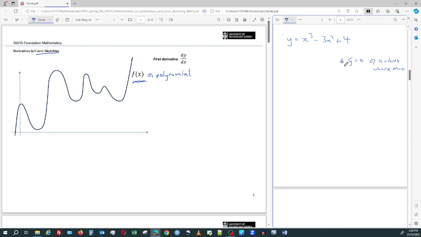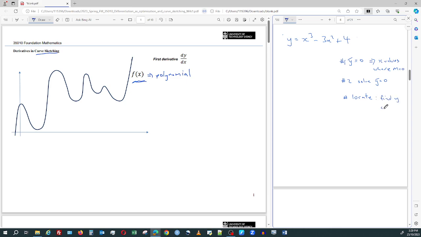Step number two, so we will have to do some solving of that. So we will solve this to get those x values. y dash is equal to 0, and I'll show you what that means. The next thing we'll have to do, of course, is locate them, and that means finding the y coordinate.